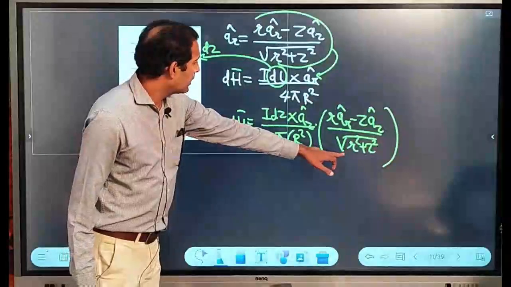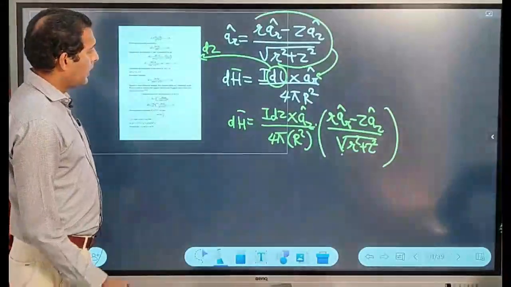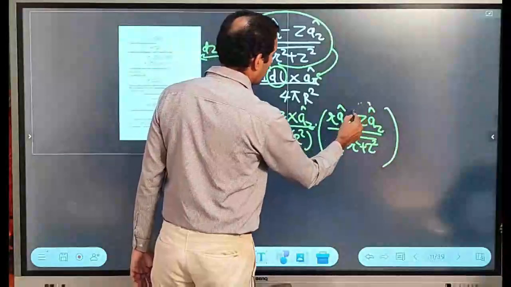Now here we have r square, one r square here, and we have one z term here.